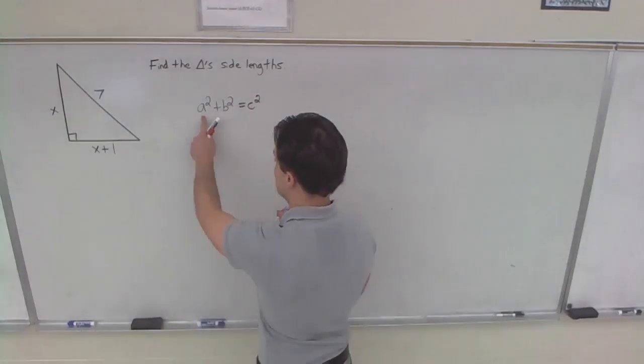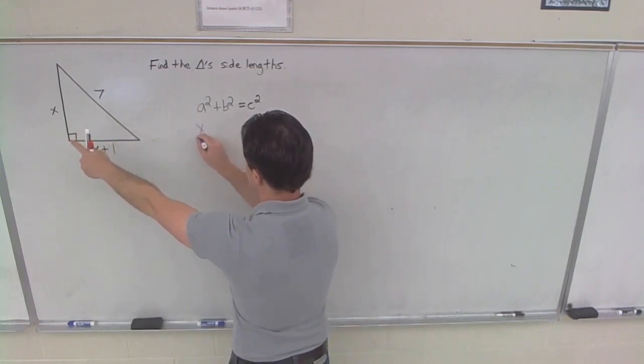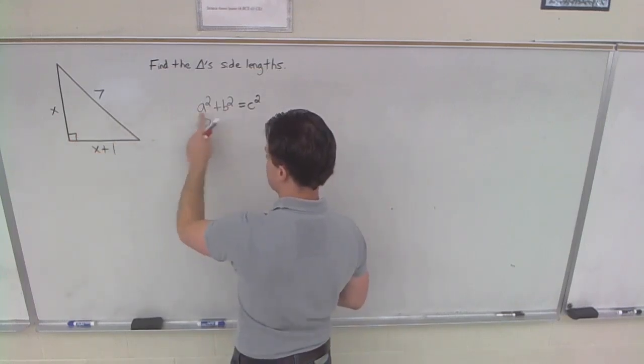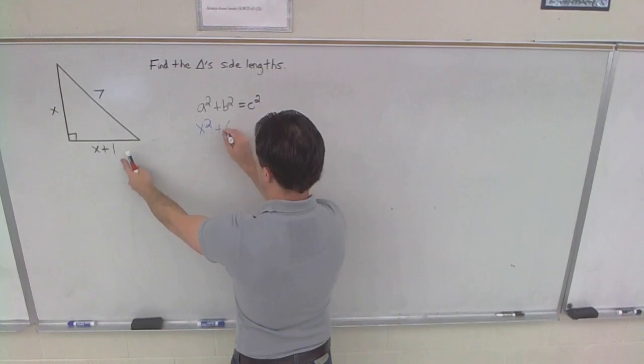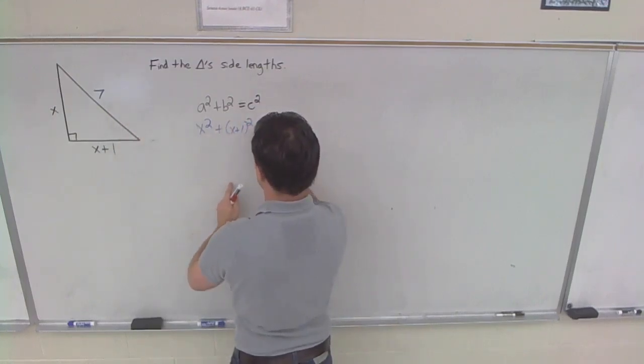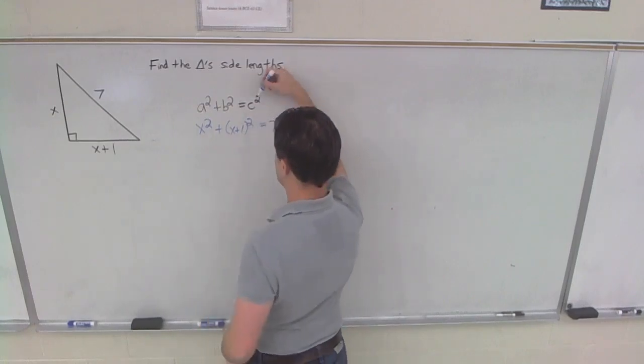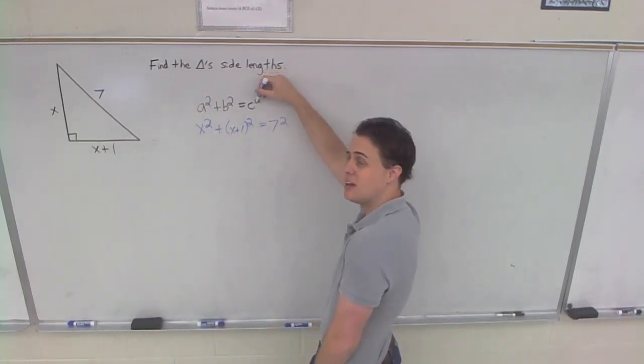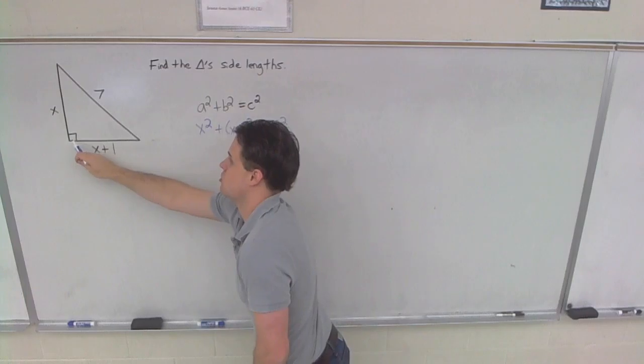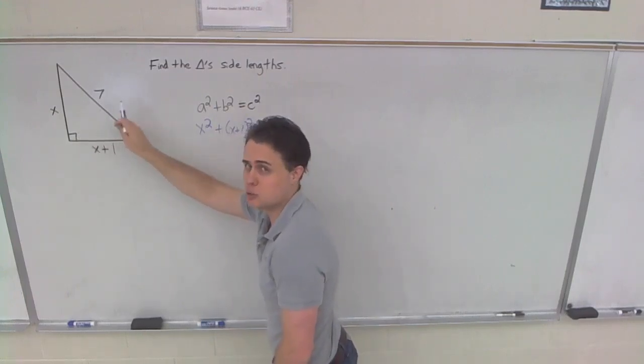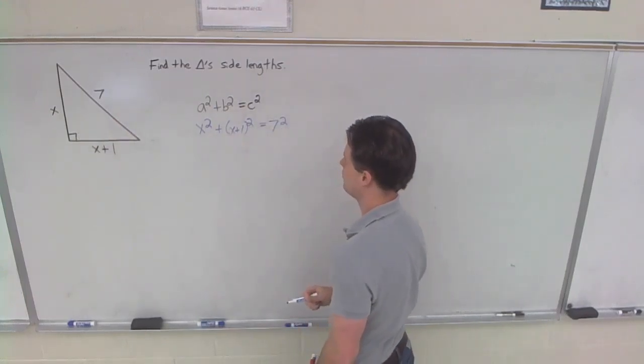I'm going to say a is one of the legs, so x squared, and then b is the other leg, so x plus 1 squared, and c is 7 on this one. Remember, you've always got to make sure that you put c in the right spot. C is the hypotenuse, that's always the one across from the right angle. As long as you put that one in the right spot, it'll come out.